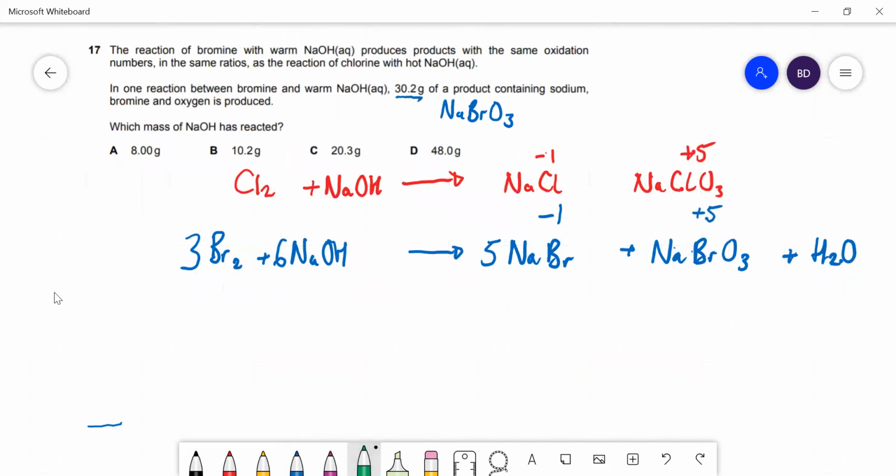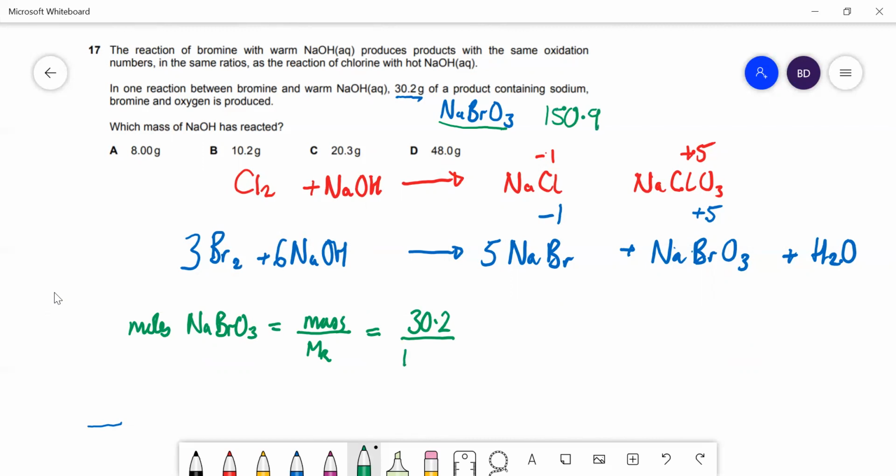Moles is equal to mass over MR. We've got 30.2 grams of sodium bromate, and the MR of this, if you work it out, is 150.9. So the number of moles works out to be exactly 0.2, more or less.